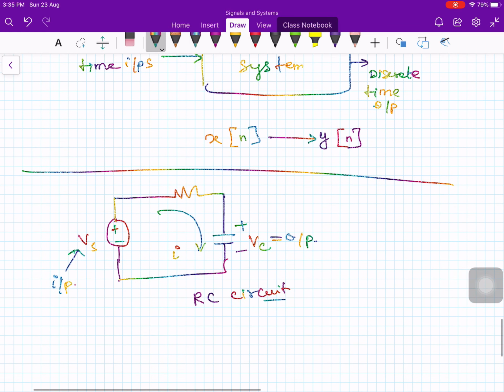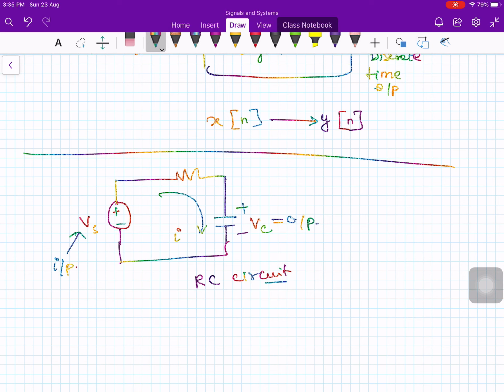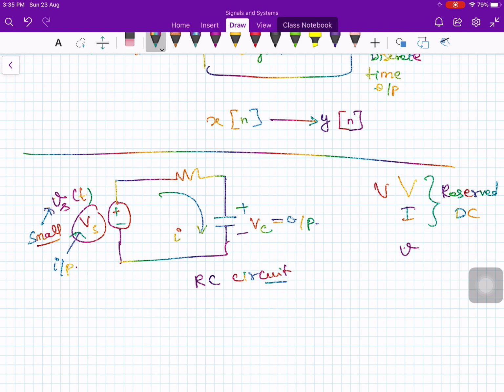Let me take this Vs as a function of time. Let me put vs of t, small vs, small letter, to denote time varying signals. Generally we reserve capital V, capital I for DC quantities, direct current quantities, and small v, small i are reserved for time varying parameters.